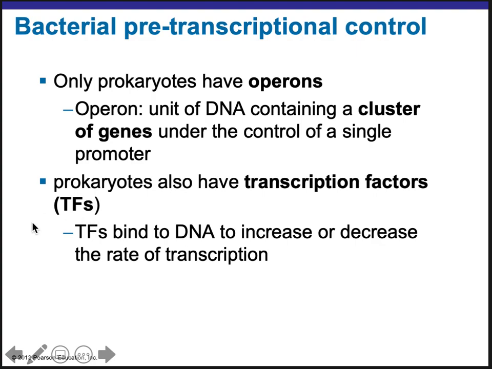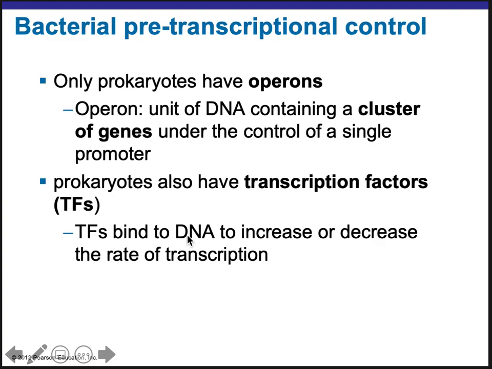So this binding to the DNA is going to either block the RNA polymerase, or it's going to encourage binding of the RNA polymerase to the DNA transcript. Okay, so remember, DNA is the transcript. We're trying to make RNA, so we need RNA polymerase to bind to DNA and make the RNA.